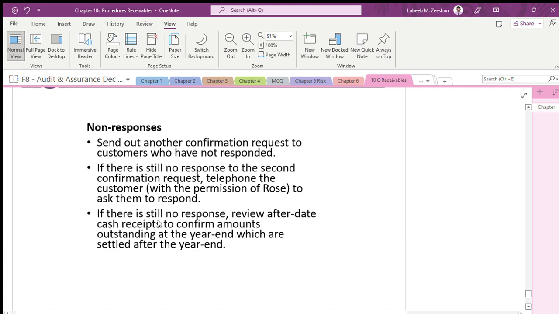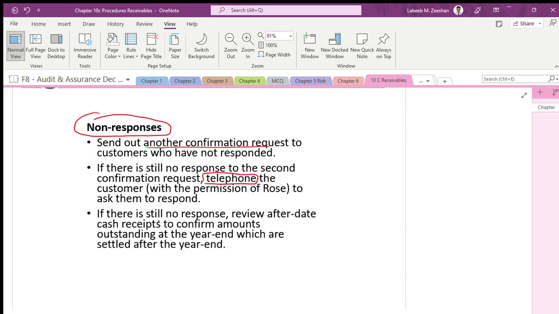For non-responses, we are not talking about sending the responses. For the non-responses, we have to send another confirmation. For the non-responses, we have to call by telephone. If there is still no response, then we have to take the cash receipts.